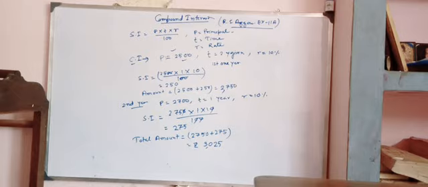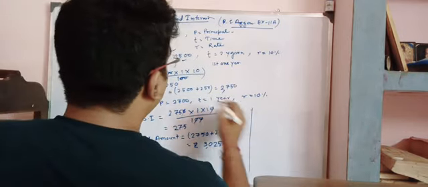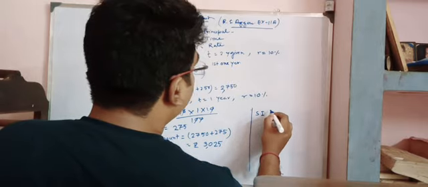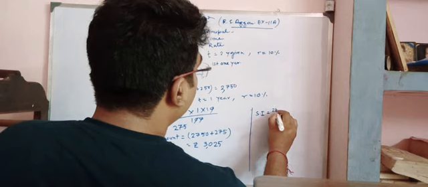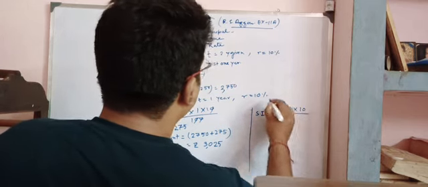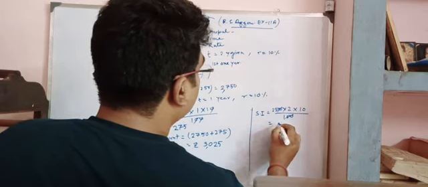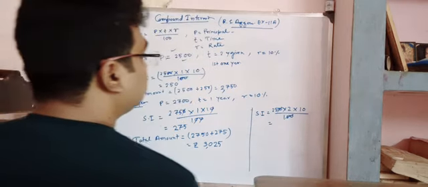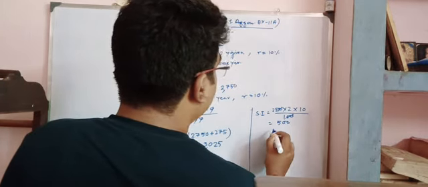Now if we have to compute the simple interest of that, what we have to do? Only with the simple interest we are taking P as 2500, T as 2, rate is equal to 10 and this is 100. So this is equal to 500 simple interest.